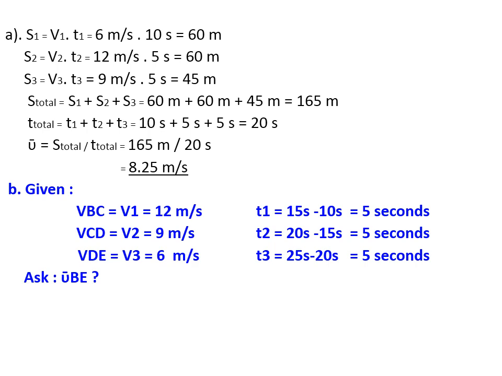T2 equals 20 seconds minus 15 seconds equals 5 seconds. VDE equals V3 equals 6 meters per second. T3 equals 25 seconds minus 20 seconds equals 5 seconds. We are asked for the average velocity from B to E.